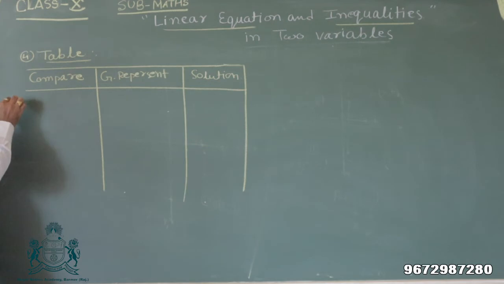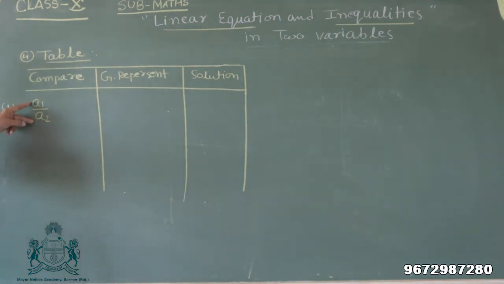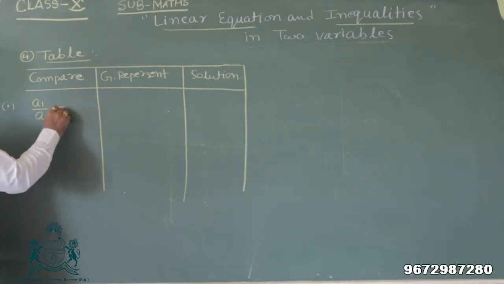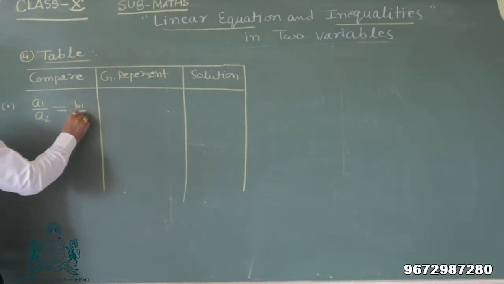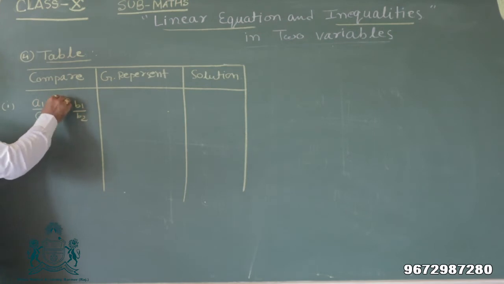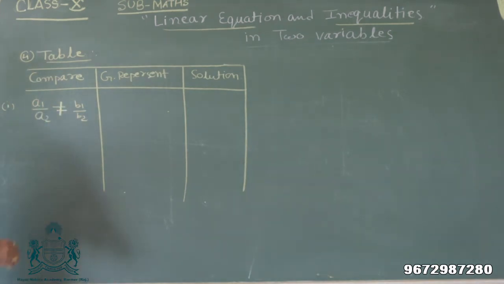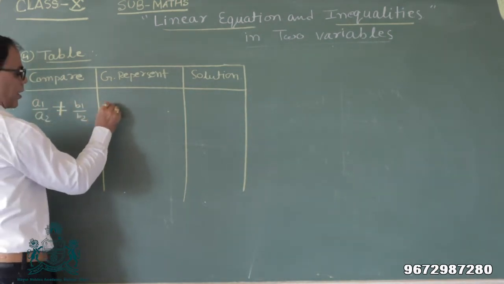First part: a1 upon a2, coefficient of x, and coefficient of y, b1 upon b2, not equal. Therefore, two lines are intersecting.